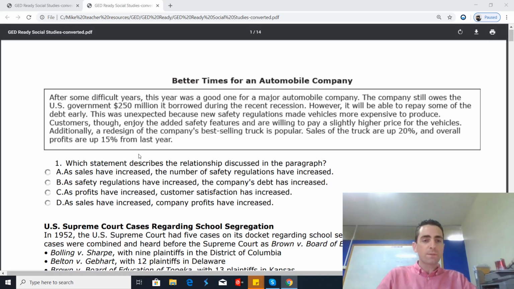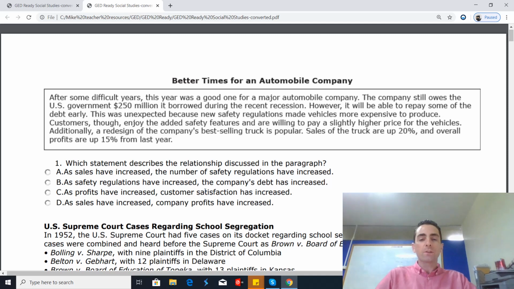So let's see. The question itself says, which statement describes the relationship discussed in the paragraph? So we're looking for the relationship. Let's see. After some difficult years, this year was a good one for a major automobile company. The company still owes the US government $250 million it borrowed during the recent recession.